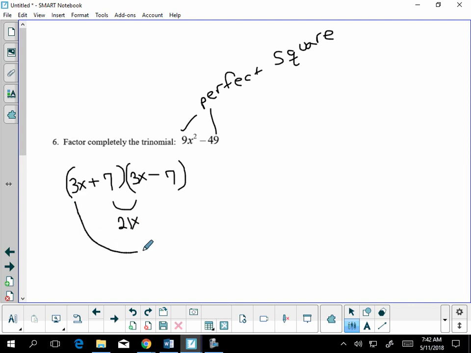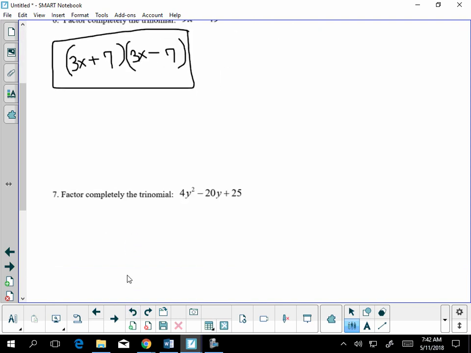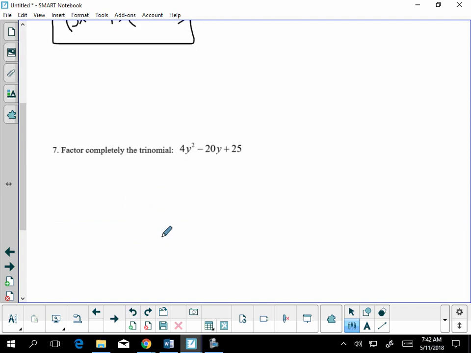If you were to check the outer terms, that's going to give you negative 21x. That's 0. That's why there's no middle term there. All right, final answer. Let's circle it. All right, number 7. This one looks like it's starting to get a little bit harder, but we can handle it. Let's do our 2 sets of parentheses.